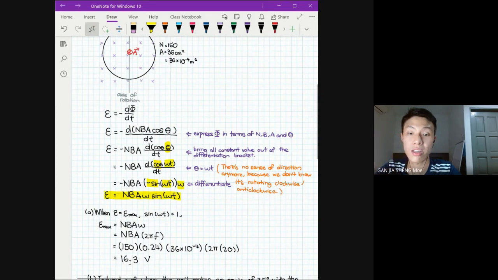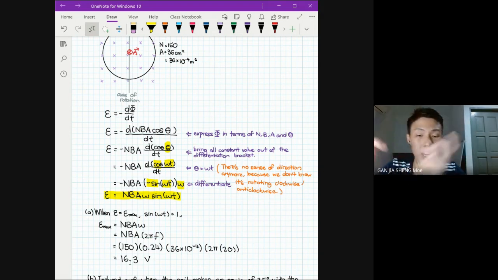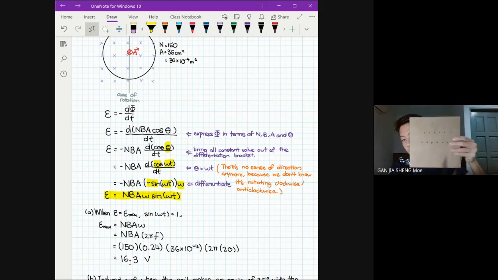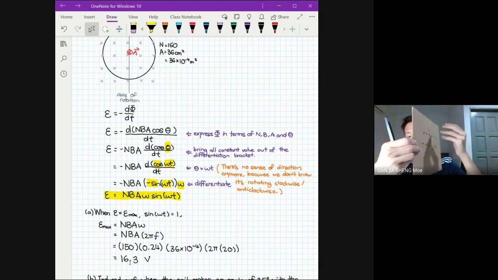Whether it's in the clockwise direction or anti-clockwise direction, you can't know for sure. In fact, at every moment throughout the rotation, the direction of the induced EMF keeps changing, because at a certain point in time, the magnetic flux is reducing, if the magnetic field passing through the coil is reducing. Your coil is rotating. Let's say this is the whole coil experiencing the magnetic field, but as you rotate, you have less area experiencing the magnetic field.